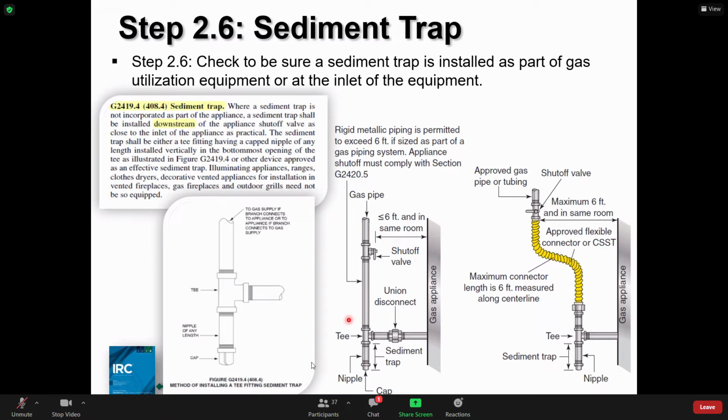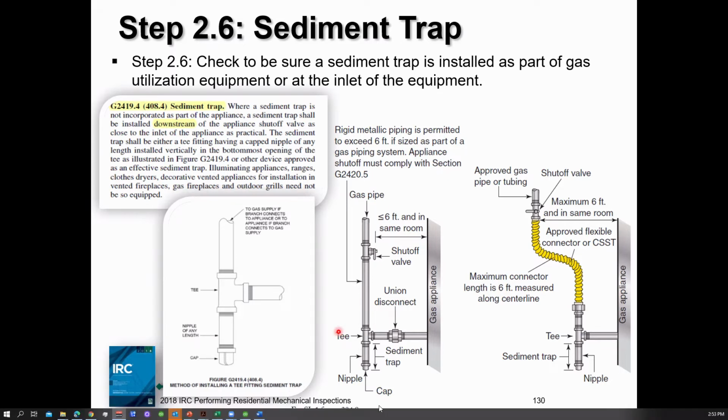Anything else? Here they're kind of combining the drip and the sediment trap in the same language. Although it's not a condensation issue, then it's a sediment trap. You're right, Don. People call them drip legs and dirt legs. There is a drip leg, of course, for wet gas, moist gas.